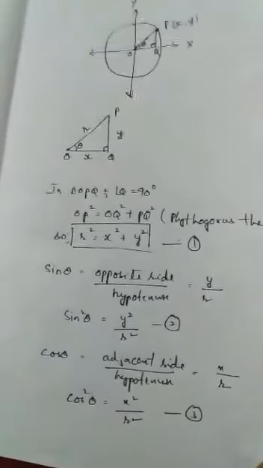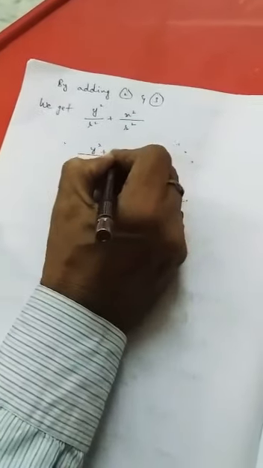Now by adding equation 2 and 3, we get y square by r square plus x square by r square. So here we take r square as LCM, and in the numerator we get y square plus x square.